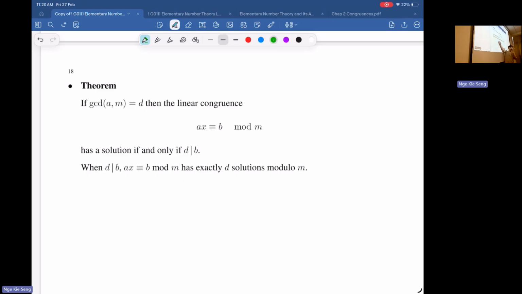Why just now did we only have one solution? Because our GCD is 1. So there's only one solution. If you have a larger GCD, then you have that many solutions. Is it understandable? Okay. There's a proof, and this proof is very interesting.